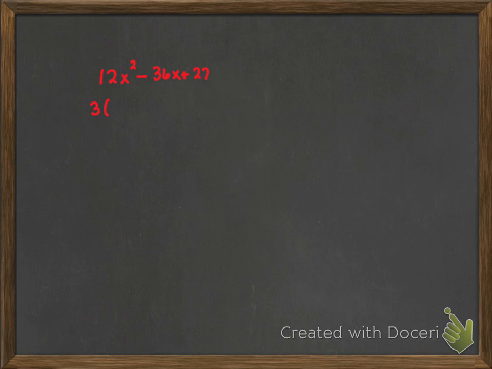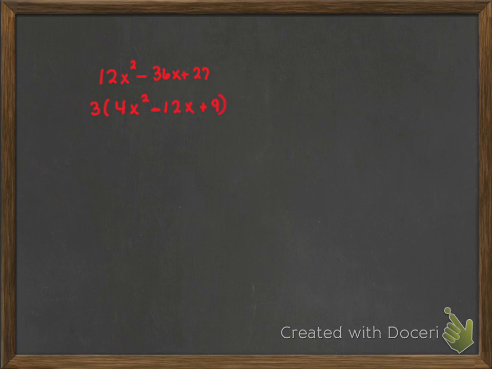If we factor a 3 out of a 12, we get a 4, because 12 divided by 3 is 4, minus 36 divided by 3 is 12, and 27 divided by 3 is 9.